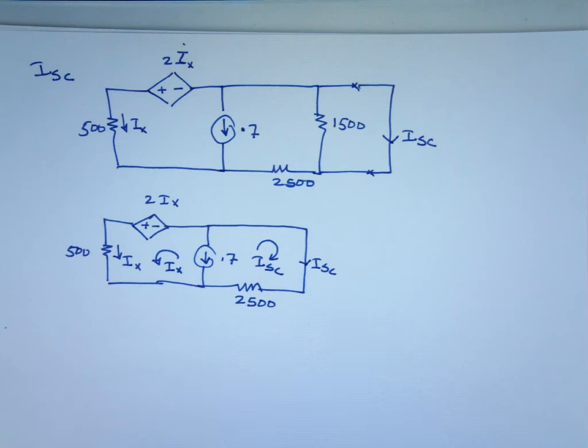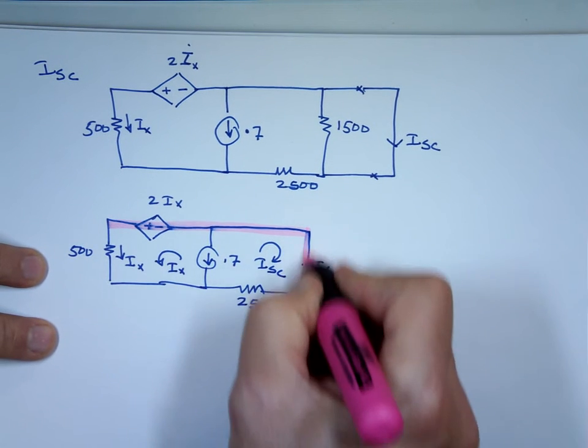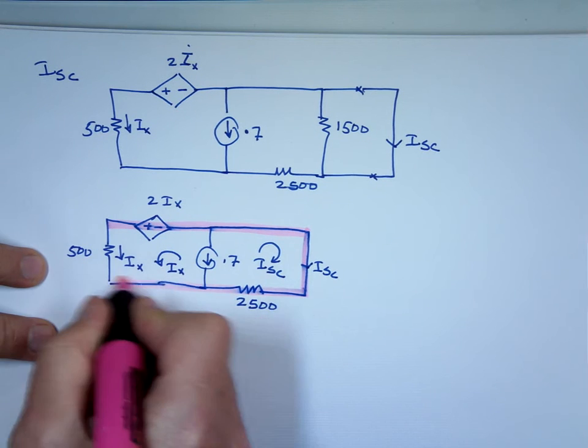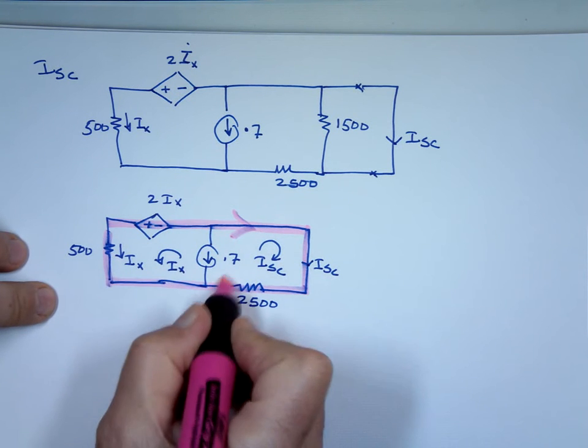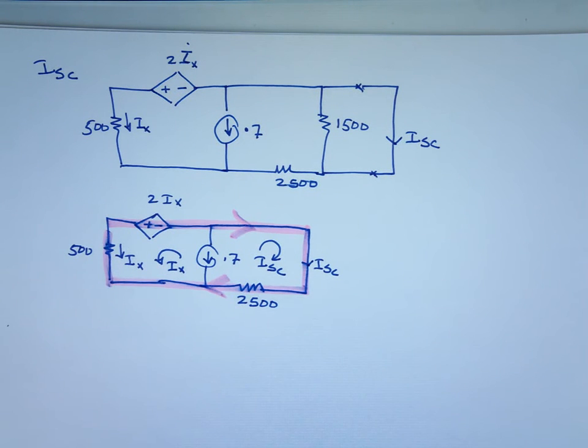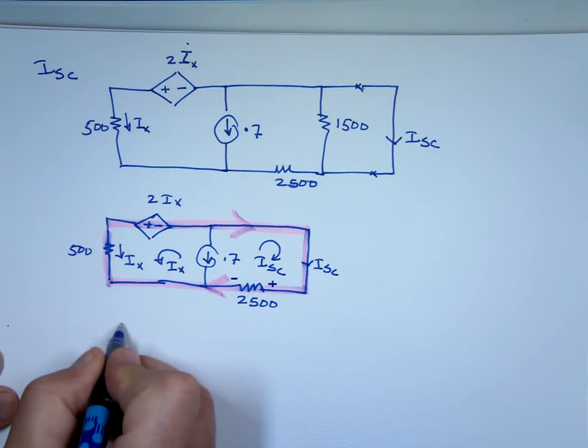Again, if I take a loop on the outside, travel clockwise, traveling in this direction, there'll be a voltage drop right here, plus to minus, 2500 I short circuit.